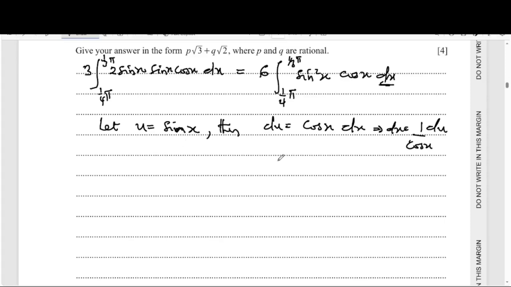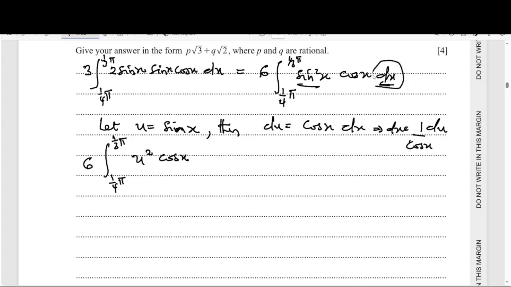As I rewrite the question, we are trying to integrate 6 times the integral from 1/4 pi to 1/3 pi of sine squared x. Remember, sine x has been replaced by u, so sine squared x means I'm going to have u squared. I'm going to write my cos x like that because I know they're going to cancel out.